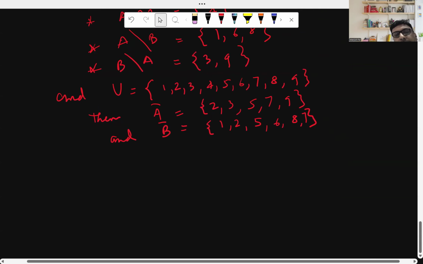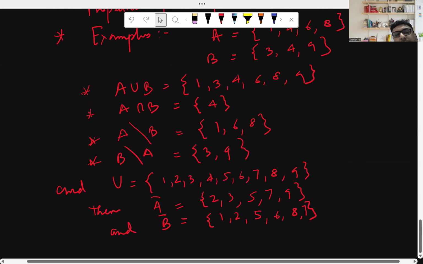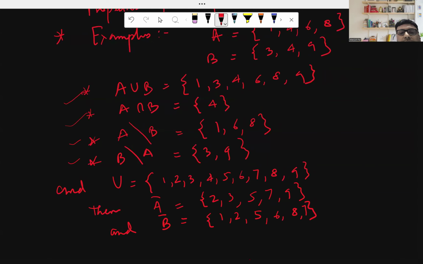This is some very basic example of how to find these quantities.